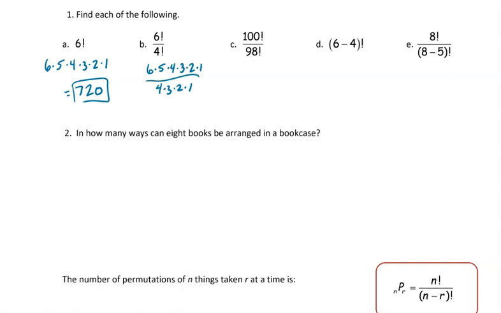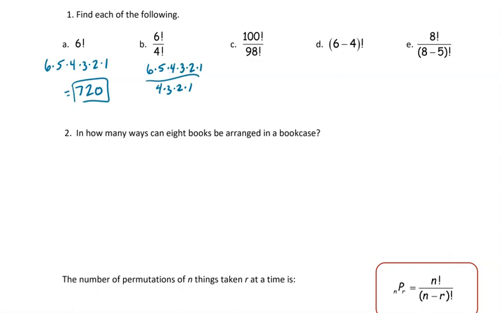Now keep in mind we could multiply the entire top and the entire bottom together, and we get 720 over 24, and we could divide that. However, we're not going to do that because there is an easier way.